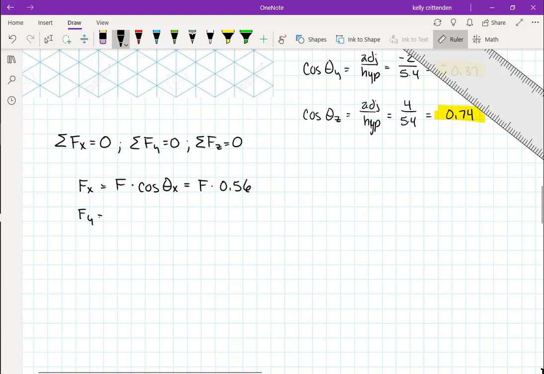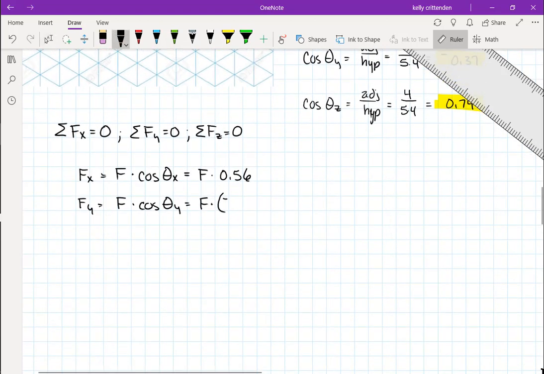And Fy would equal that same magnitude F, but times the cosine of theta y, which would be F times, and it was a negative, 0.37. And then z would be similar: F times cosine theta z would be F times 0.74. And I'm starting to create the coefficients that are going to go into my 3x3 matrix that I can solve simultaneously.